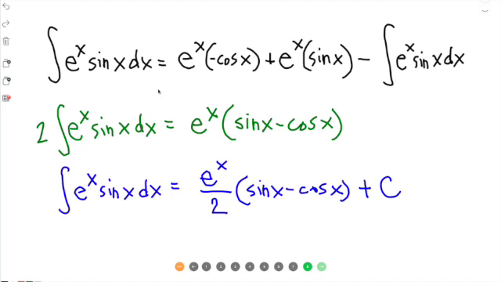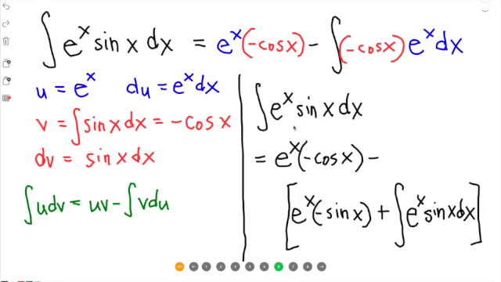Okay, so let me just recap that. So we integrate by parts our original problem, which is e to the x sine x dx. We found this first answer here by u substitution, e to the x times negative cosine x minus another integral needing integration by parts, which looks similar to our original problem.